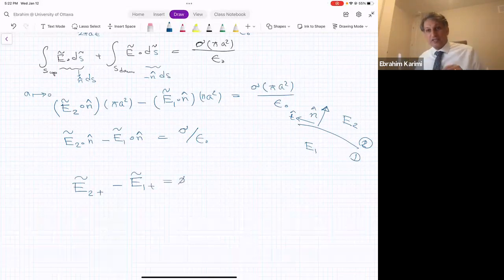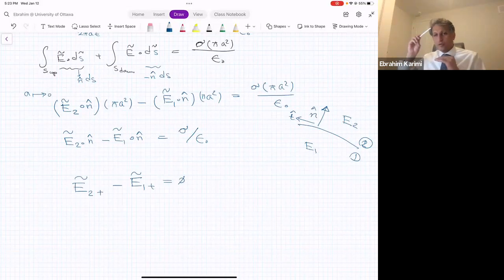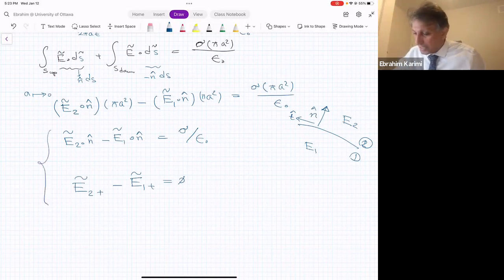So the tangent of the electric field is always the same at the boundary, in electrostatics. I'm telling you, in electrostatics, be careful. The normal of the electric field will jump, will increase or decrease, depending on the charge on the surface. These two are extremely important for us.